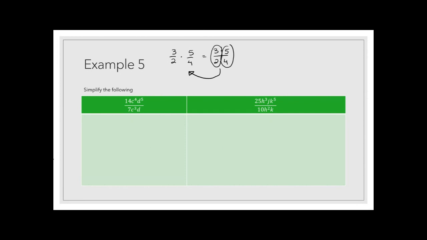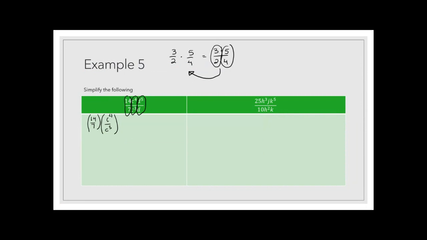And that's the idea that we're going to be doing here: we're going to be splitting things up so that instead of the 1 fraction, we're going to actually make it 3 different fractions. So I'm going to split the 14 over 7 together because those are both numbers. Then I'm going to group the c's together as a separate fraction. That's c to the 4th over c to the 3rd.